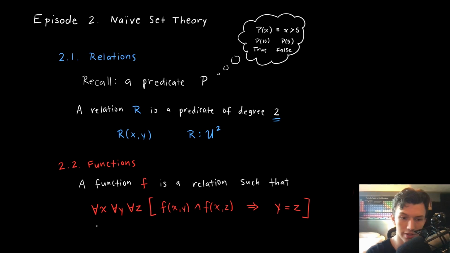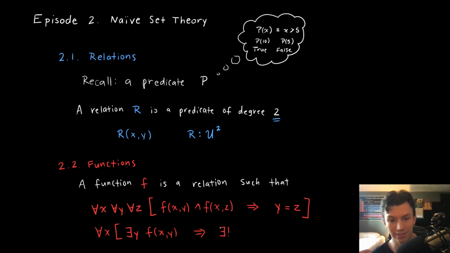So another way of saying this is: for all X, if there exists some output, or input or output, however you want to put it, if there exists a Y that satisfies the function f at X, then that output is unique. Then there exists exactly one. This exclamation mark means there exists exactly one output, f of X comma Y. Okay, so that is what a function is.